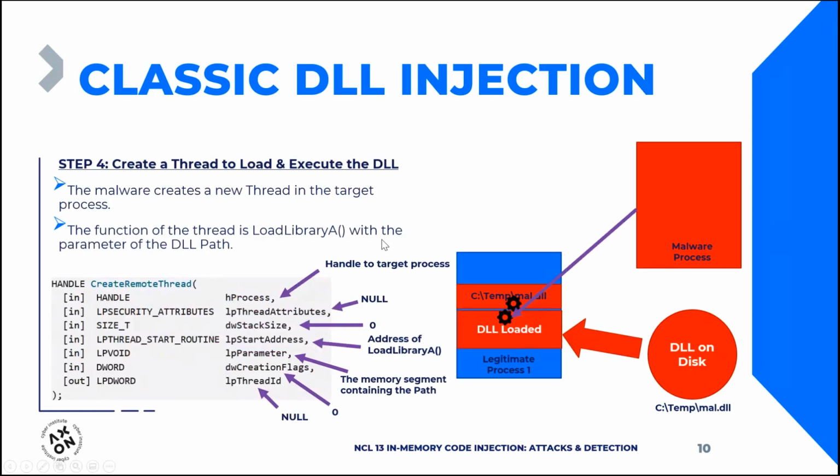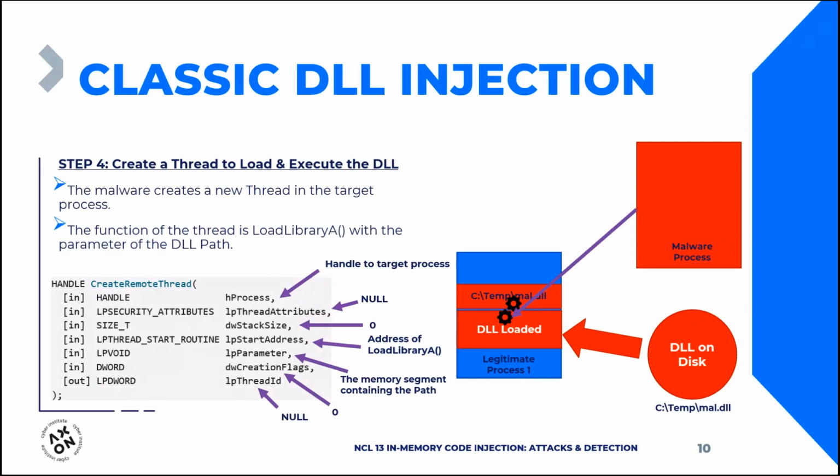Next, we would like to load the DLL and execute. And in order to do that, we have an API called CreateRemoteThread. Why do we need to call this CreateRemoteThread?